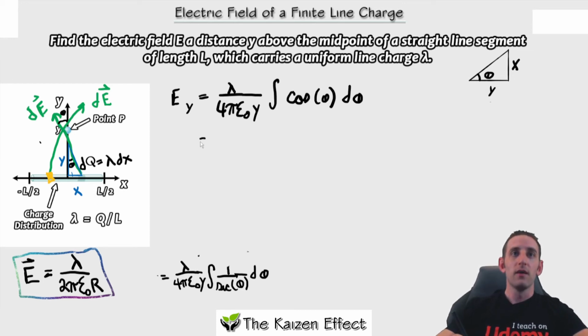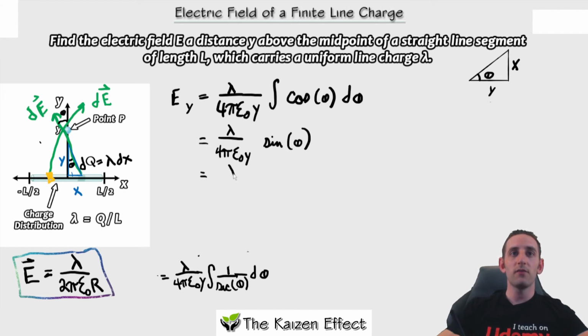So as we try and solve this, we get our constants out in front: lambda over 4 pi epsilon naught y. And the integral of cosine is just sine theta. Then we have to convert back to our Cartesian domain.